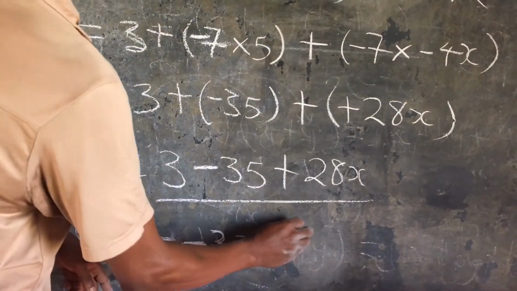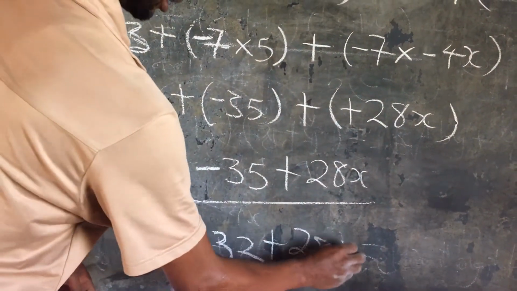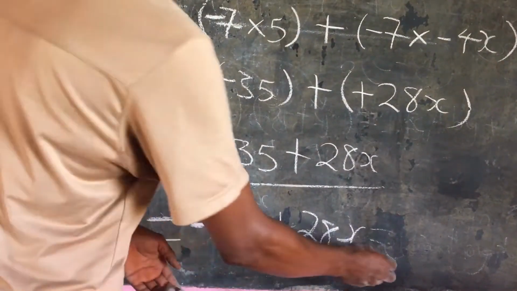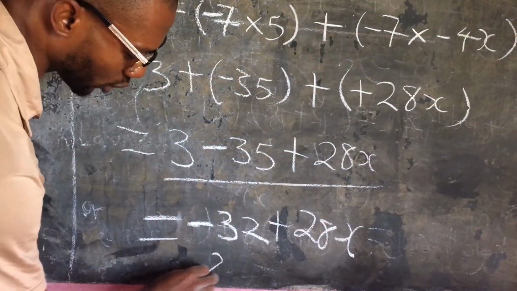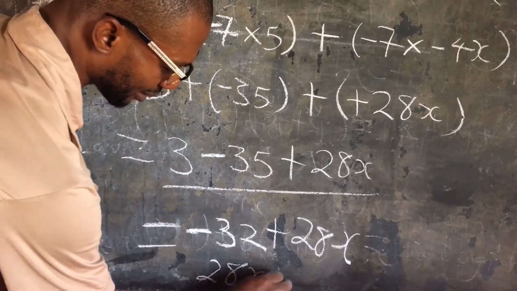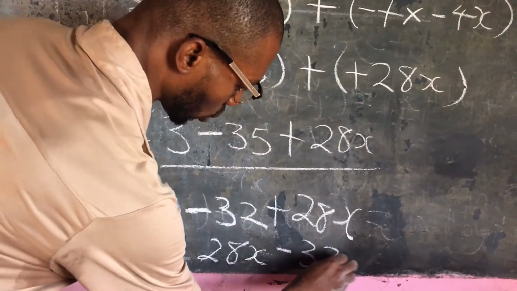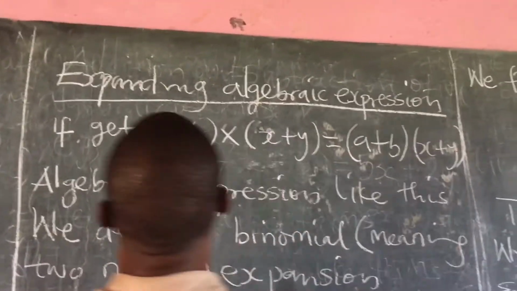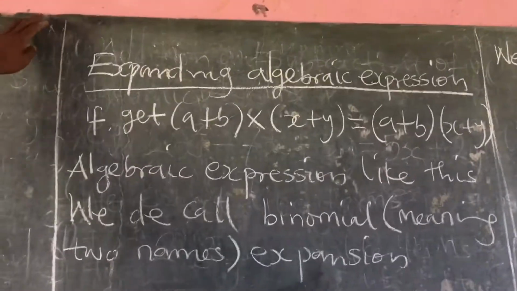Then plus 28x. Since 28x is positive, if we change them around, we get 28x minus 32.